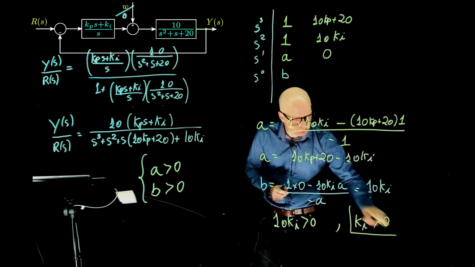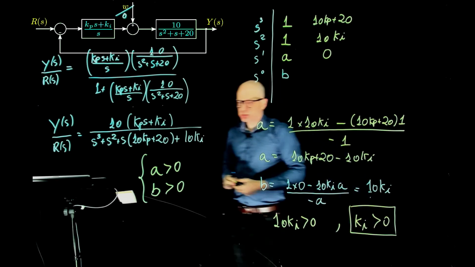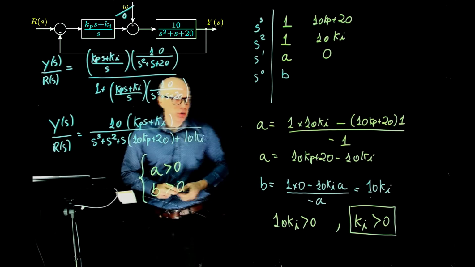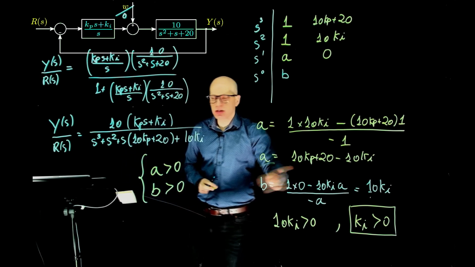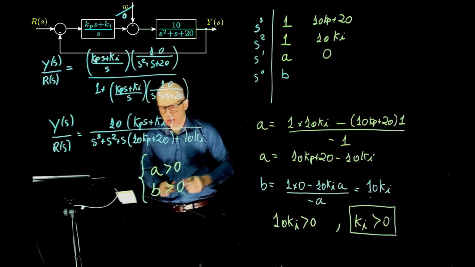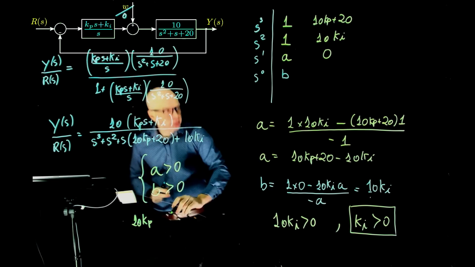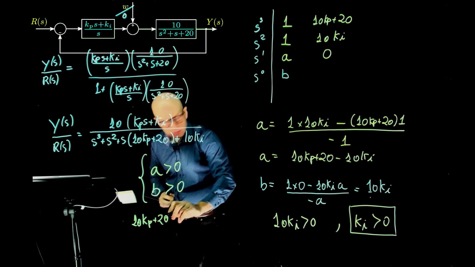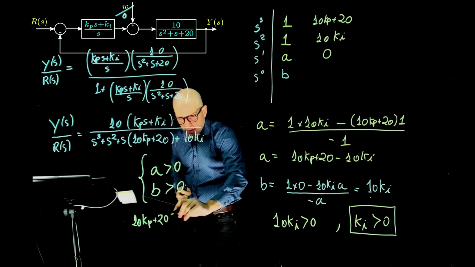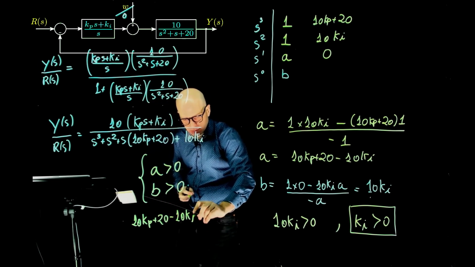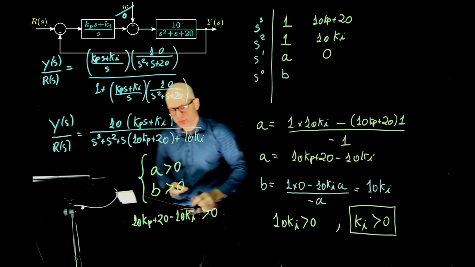We can apply the same condition to this one and say that A must be greater than 0. In that case, we write 10 kp plus 20 minus 10 ki to be greater than 0.